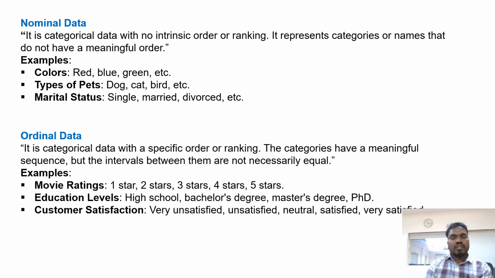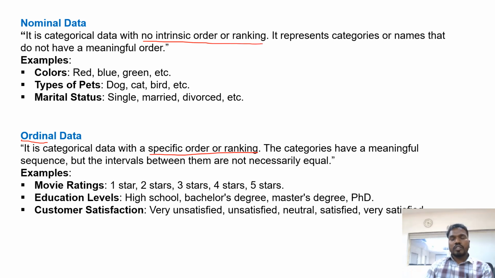And the other type of qualitative data is ordinal data. Just understand the name ordinal: it represents a number, a ranking. So it is also categorical data, but with a specific order or ranking. That is the difference between nominal and ordinal data.